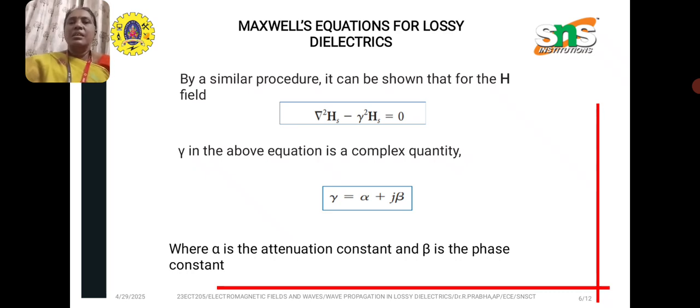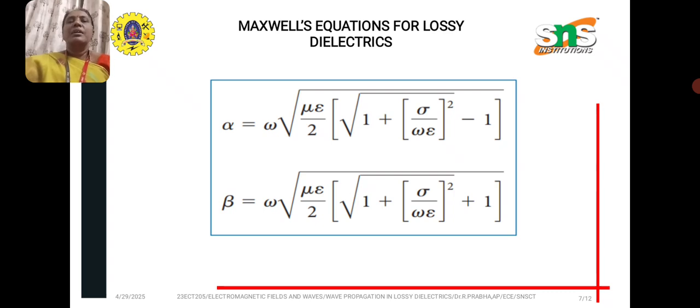Alpha is the real part and beta is the imaginary part. Alpha is called the attenuation constant and beta is the phase constant. Both these constants constitute the propagation constant, which describes the propagation characteristics of a medium.